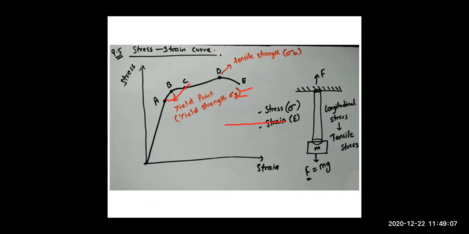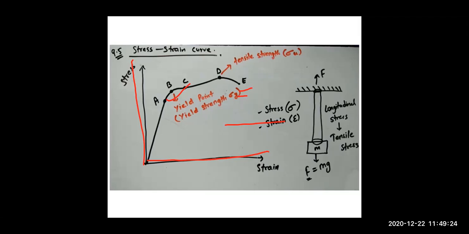So, this is exactly the curve in your NCERT. So, children, here you can see on the y-axis we have the stress, and on the x-axis we have the strain.